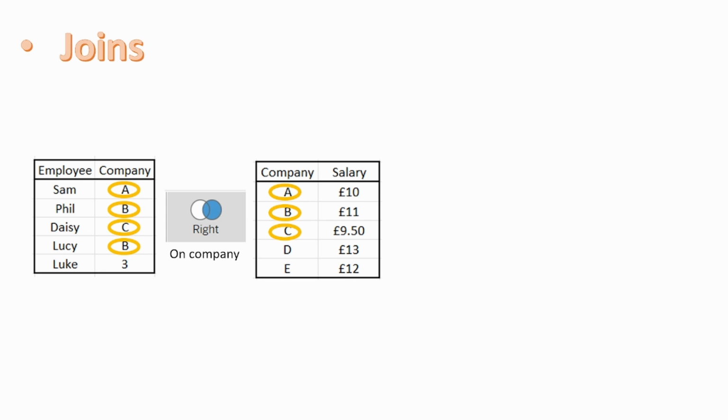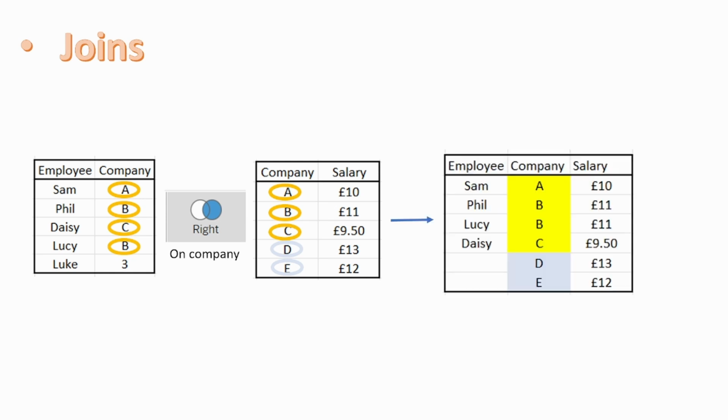And then the only difference is we take every single thing on the right table. So we take the D and the E. So we take salary 13 and salary 12. So it will look something like this. But we have no employee name for that because in our left hand table, there is no company D and E with an employee, so it will just be blank.